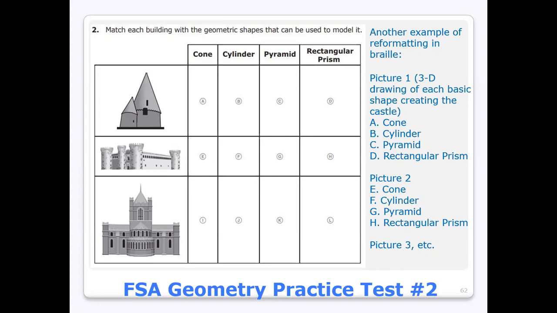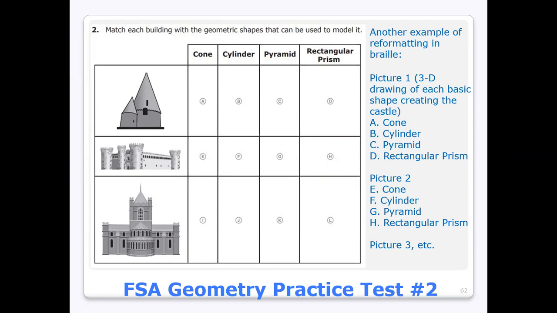And so on this one, the row heading is going to be the actual three-dimensional shapes for each castle, followed by the answer choices: A cone, B cylinder, C pyramid, D rectangular prism, and so on. So that's how we adapted it. We're still doing the same kind of thing as far as the formatting goes, but you can see how it gets more and more complex.